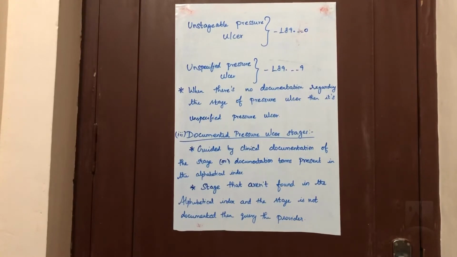Using the provider's clinical documentation or the index, we can determine the pressure ulcer stage. Suppose the stage is not found in the alphabetical index and the provider has also not mentioned it in the document, then we have to query the provider about the stage of the pressure ulcer. So this is the documented pressure ulcer stages.